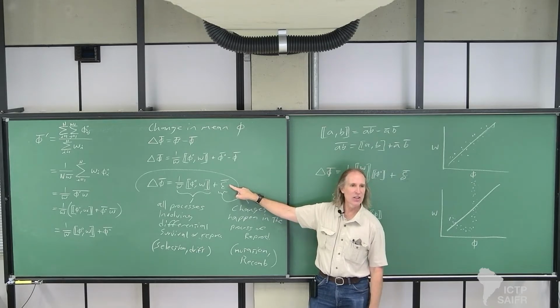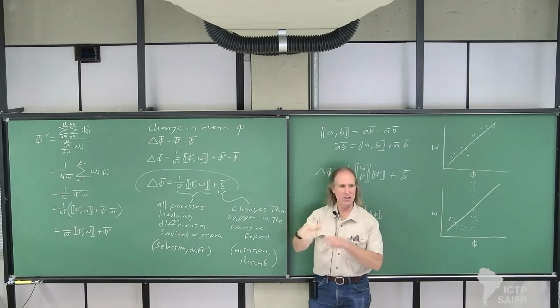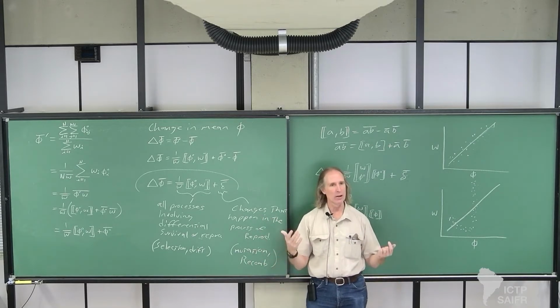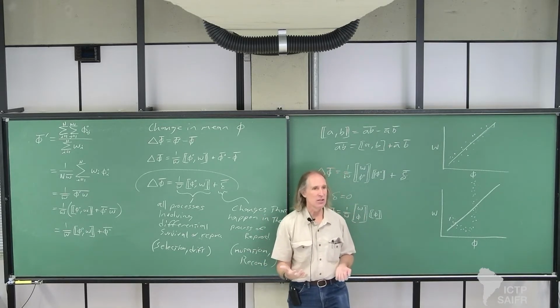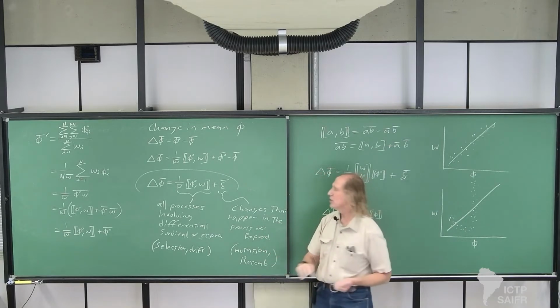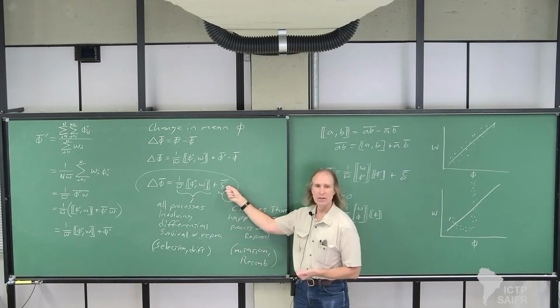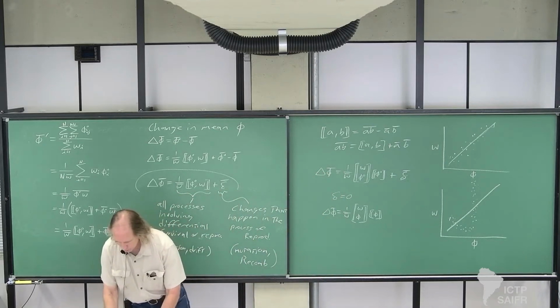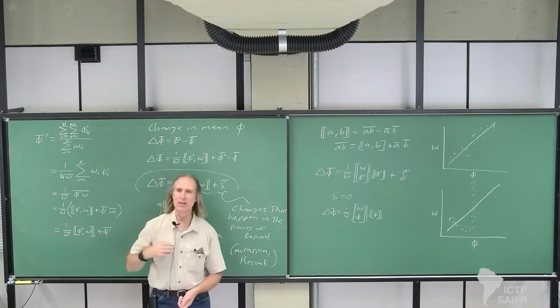It has nothing to do with differential survival or reproduction of individuals. It just means this thing that's affecting everybody is going on. So environmental changes that affect the whole population as a unit go into this term here. Okay. So with that in mind, how do we apply this?